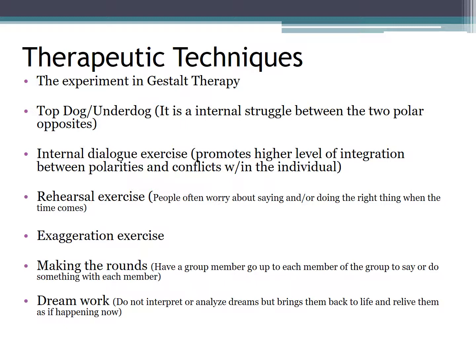Exaggeration exercise. In the exaggeration exercise, the client is asked to exaggerate the leg shaking repeatedly, and then the client puts words to the moment. This will intensify the feelings associated with the behavior and help the client become aware of its meaning.